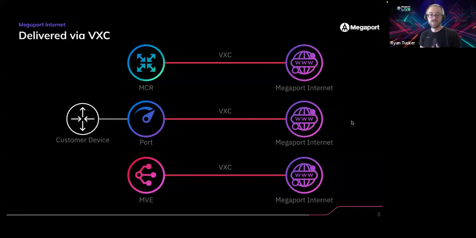You can have it delivered to an MVE if you want to do something like host a virtual firewall or an SD-WAN appliance or something else like that, where you're building out network function virtualization and global WAN type services virtually. You can connect it into MCR if you're doing some routing within Megaport's network before it gets to your equipment. So it's pretty flexible. You can really use it however and wherever almost.